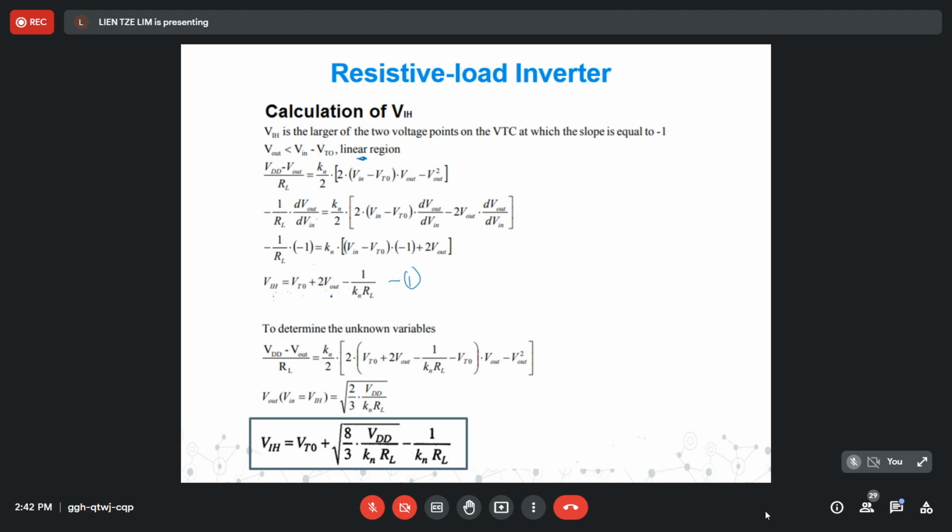If we want to replace this Vout with K and RL, we can replace the Vout with the square root of 2 over 3 VDD divided by KNRL. So the final formula will be this one. This is the formula to use.